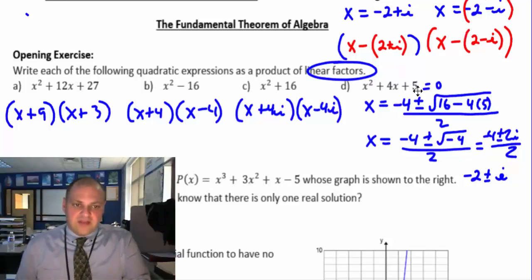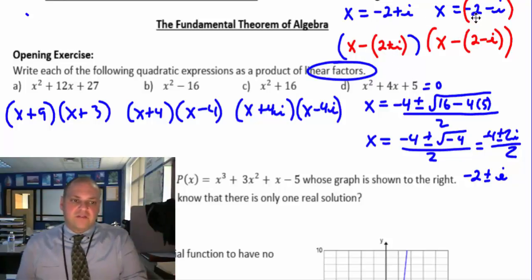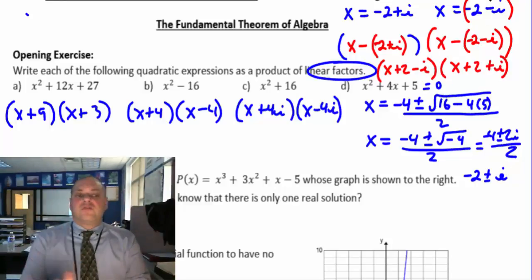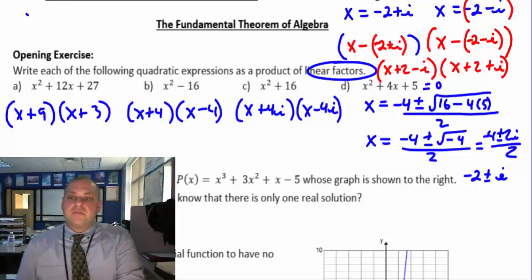It's negative, so one factor will be x plus 2 minus i, and the other one will be x plus 2 plus i. Those are your factors. So your factors will have i in them, and your solutions will also have i in them, but the polynomial does not have i.